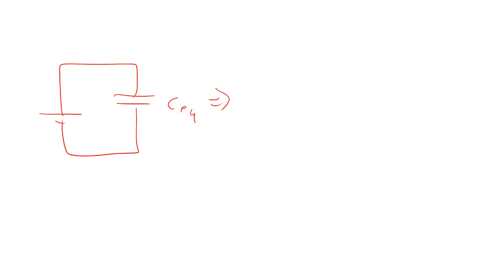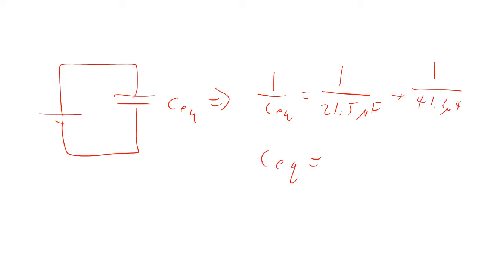We also know that I could replace those two capacitors with an equivalent capacitor. So what's the equivalent capacitor? 1 over the equivalent capacitor is going to be 1 over 21.5 microfarads plus 1 over 41.6 microfarads. So the equivalent capacitance is going to be equal to 14.2 microfarads.